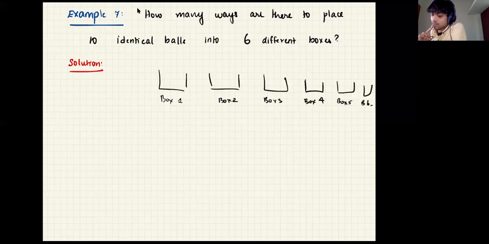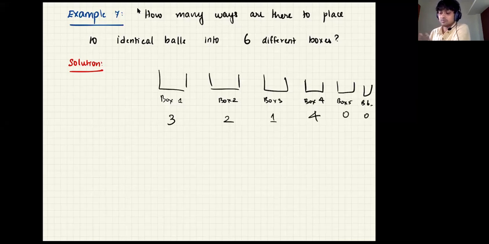And then I have to place 10 identical balls. Either I place, say, 3 balls here, then 2 balls here, 1 ball here, and then I'm left with, 3 plus 2 is 5, 6, and then maybe I just place 4 here and 0, 0 here.